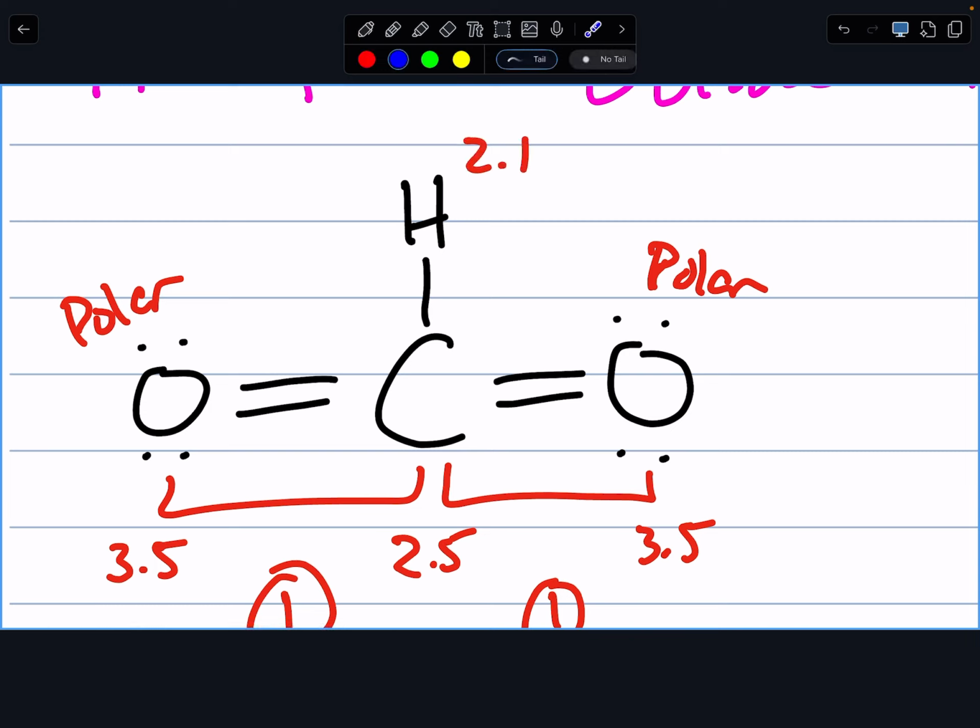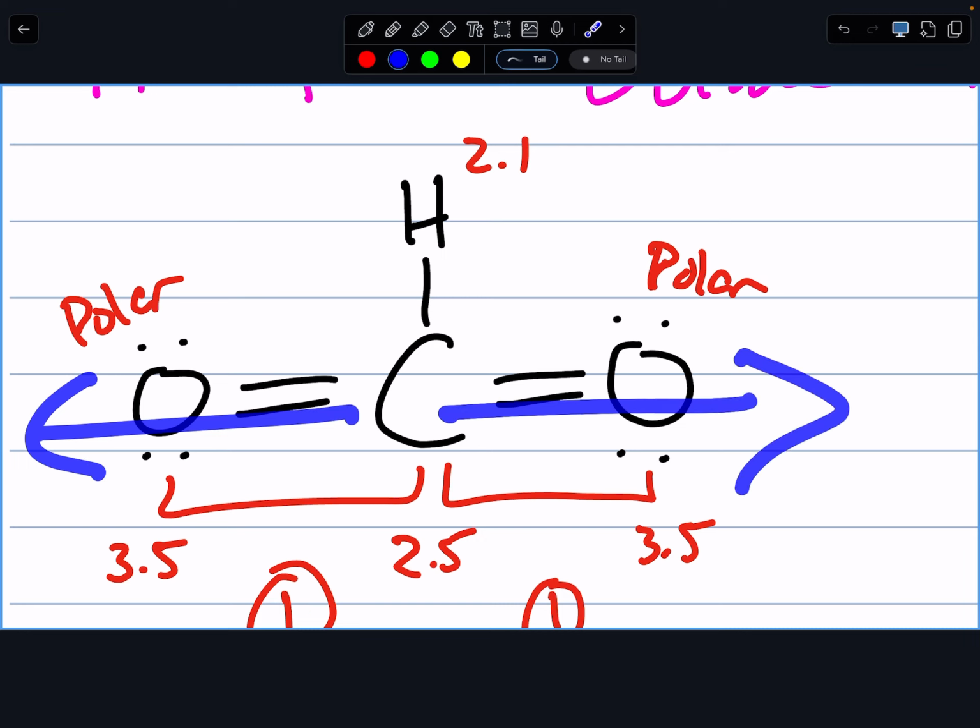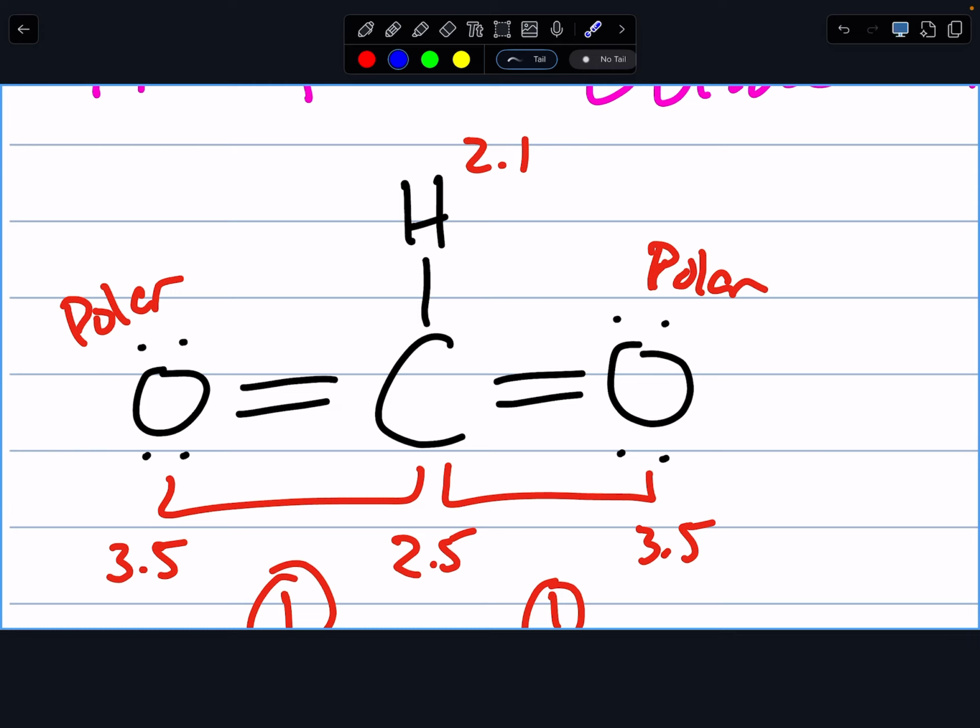So then I have my oxygen pulling this way equally, my oxygen pulling this way equally. Will it be equal pulling from this side? No, because his value is what? 2.1. It's much lower. So carbon's going to be pulling nicely, and then he's going to be pulling backwards from the hydrogen. Is that equal? No. So now the molecule's polar. It's shared unequally. So that's how you can determine polarity.